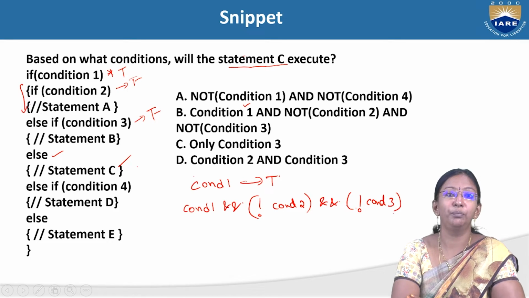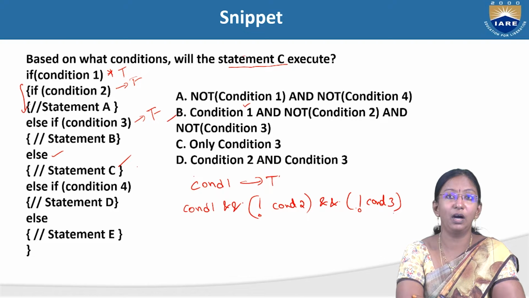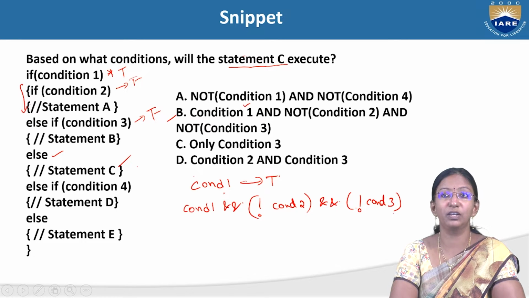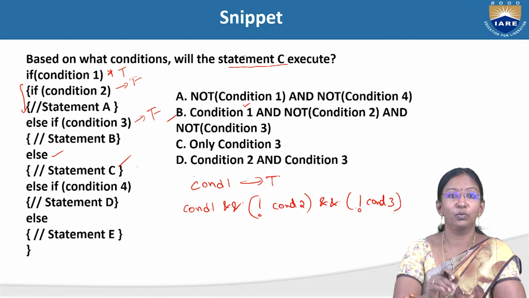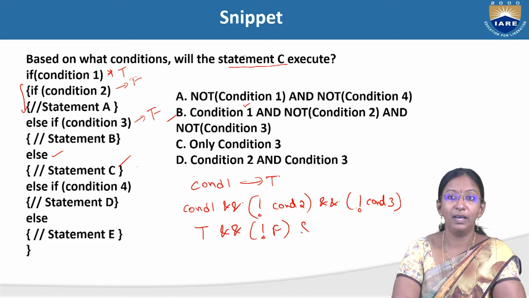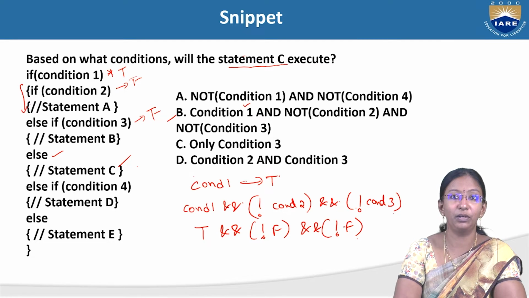Yes, B suits our evaluation. Condition 1 is true, condition 2 is false, condition 3 is false. So the situation sets right. If you evaluate this, AND not of false, AND not of false, that's what we have evaluated, right?